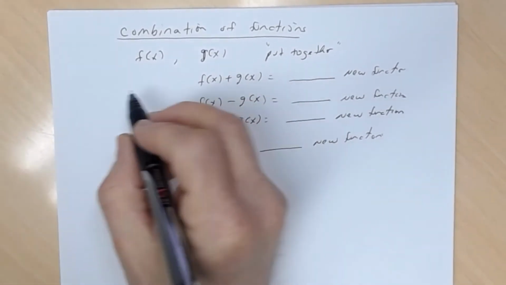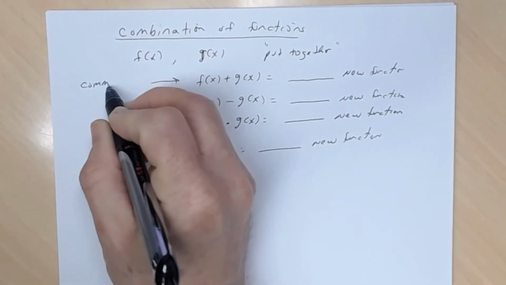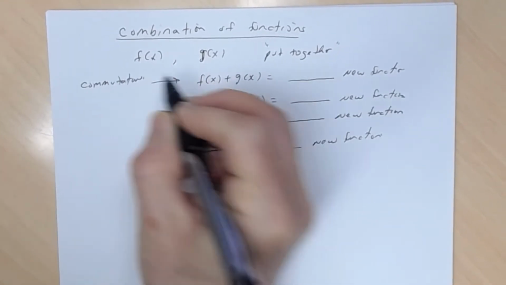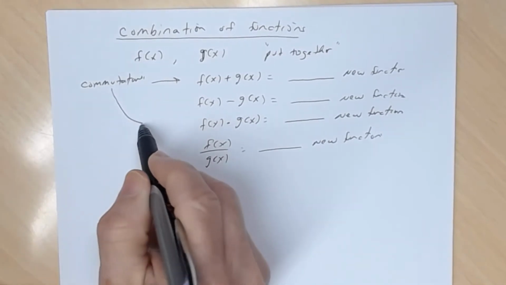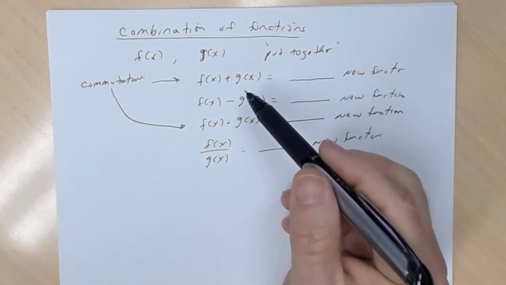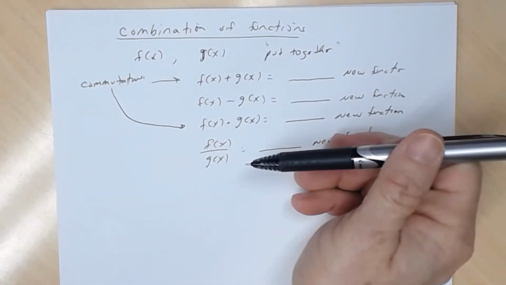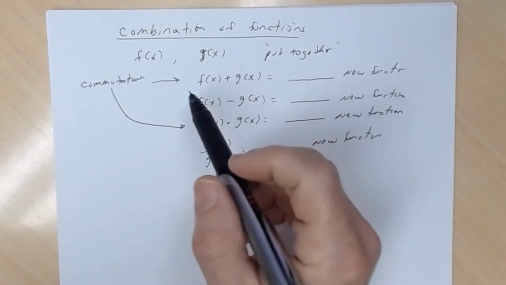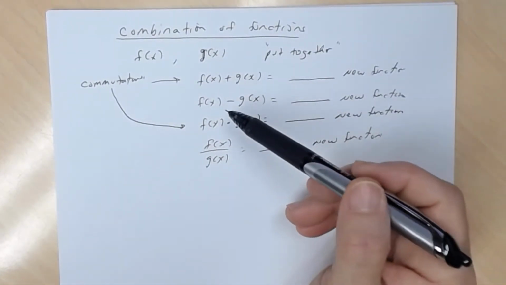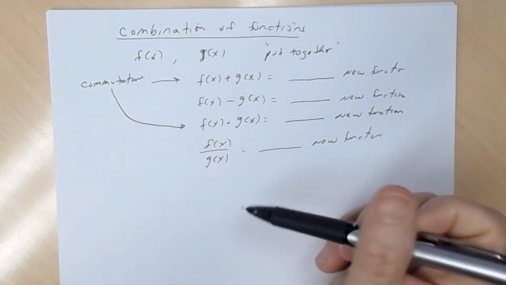These are commutative, so the order in which you multiply or the order in which you add does not matter. Now these are sometimes called the arithmetic combination of functions. So the arithmetic operations: add, subtract, multiply, divide.